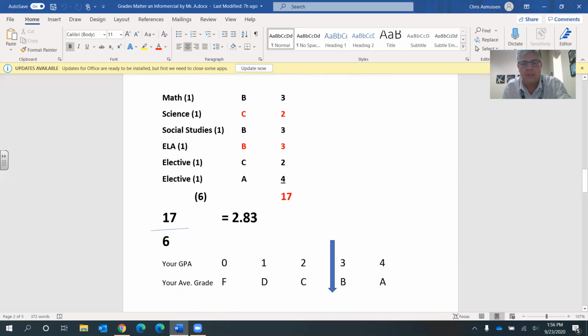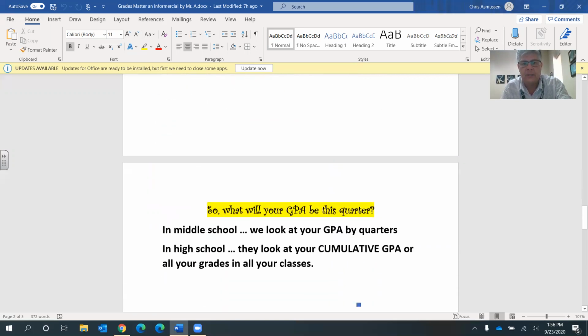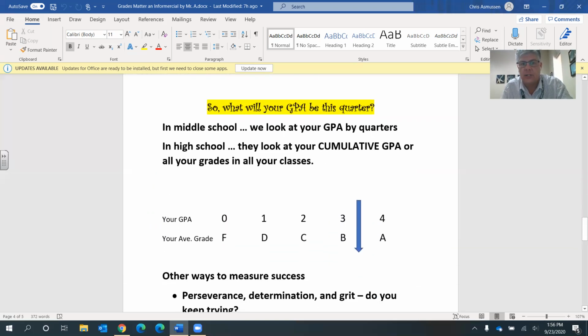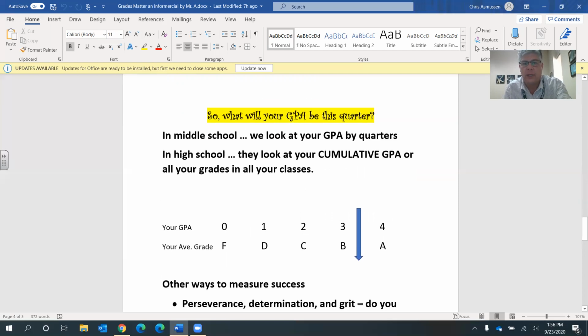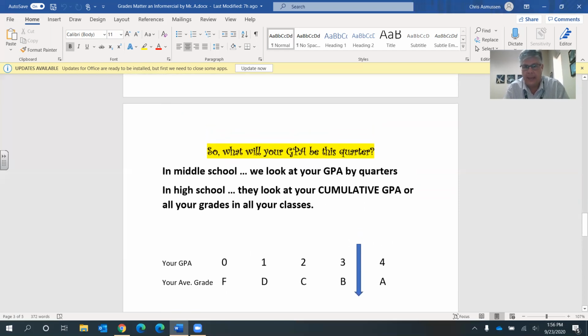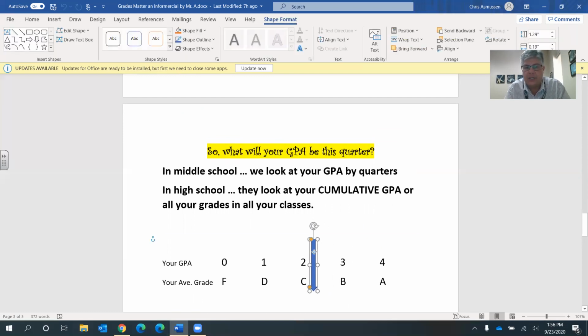Let's have one more conversation here, keeping the scrolling down. I'm asking you the question, what is your grade point average going to be this quarter? Now, this is a big deal. If we were thinking about students that were right here on the C zone and then all of a sudden slipped down here because they didn't turn in an assignment, well, think about if you were participating on the football team and all of a sudden you didn't do your homework and your grade point fell underneath this 2.0 category and you fell into the 1 point something or the D point something category.